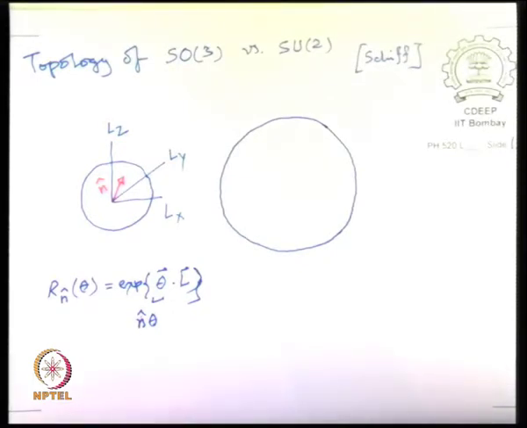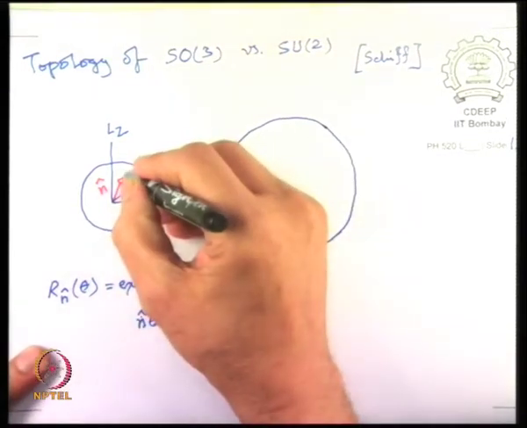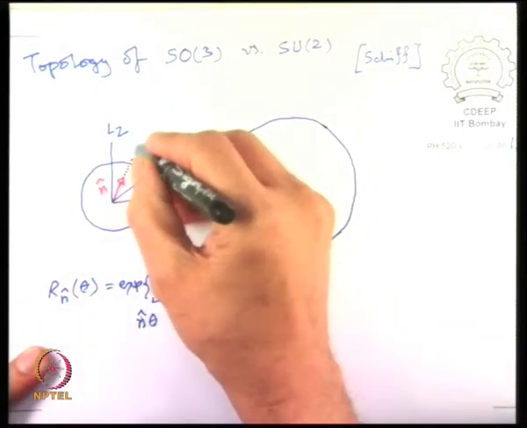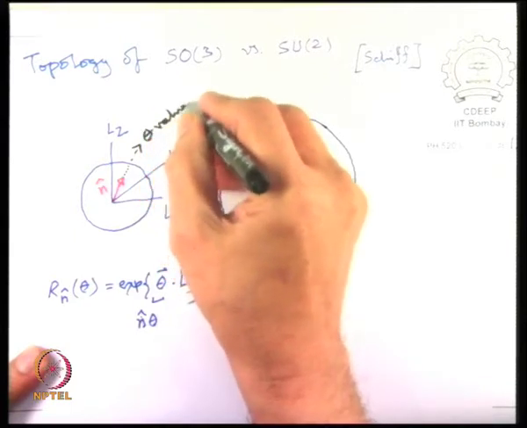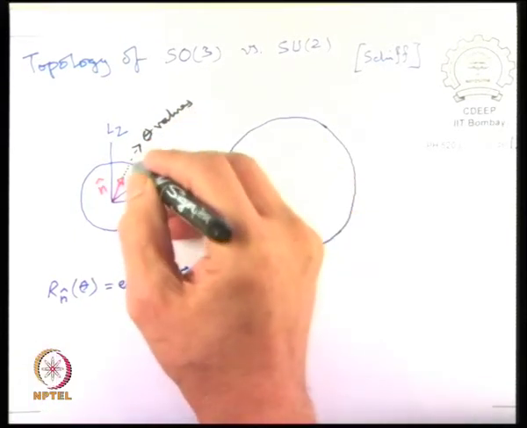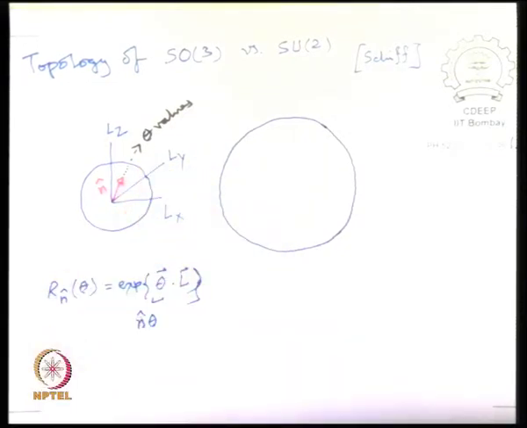How much you rotate, so theta values, but they stop at theta equal to pi, because if you do n cap pi rotation and minus n cap pi rotation, you have actually covered 2 pi rotation about that n cap axis.